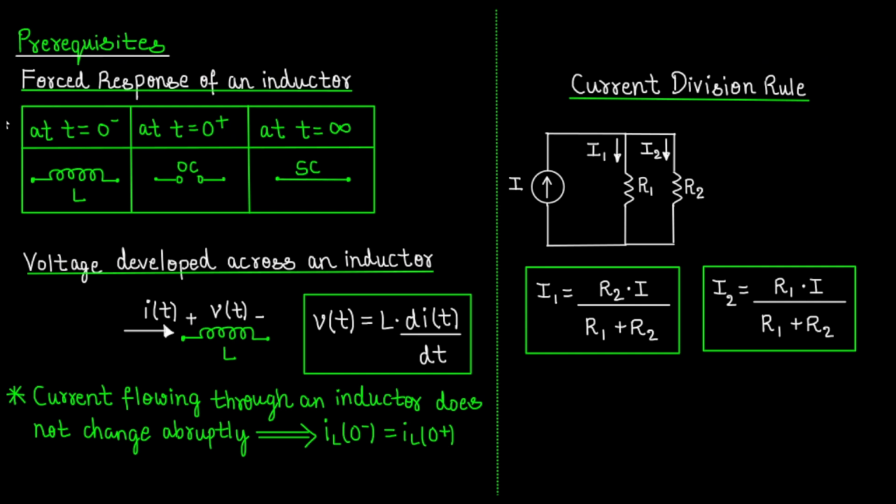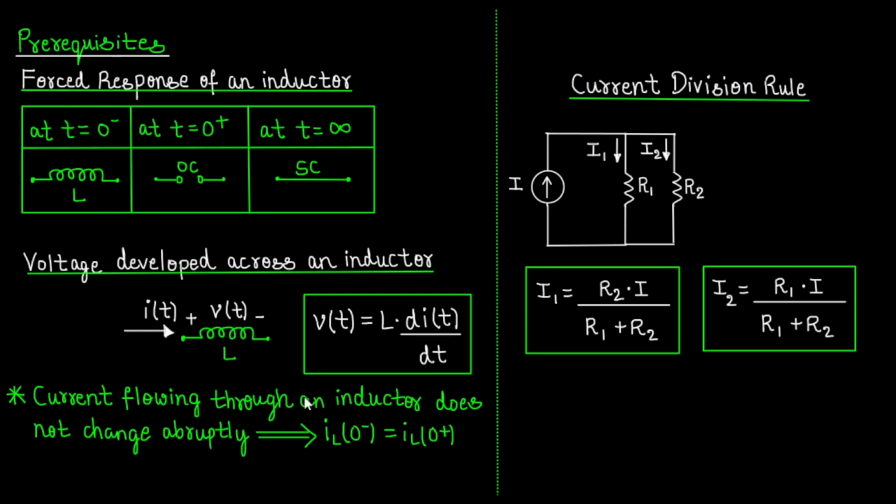So to understand this question, we should have a clear idea of the forced response of an inductor. At time t is equal to 0 minus, let us consider an inductor which is unenergized, that is, there is zero amount of current flowing through it and there is no energy stored in it. We know that the current flowing through an inductor does not change abruptly, that is, IL of 0 minus is equal to IL of 0 plus.